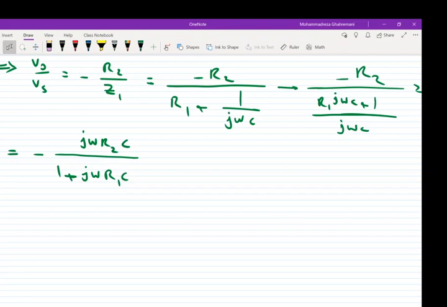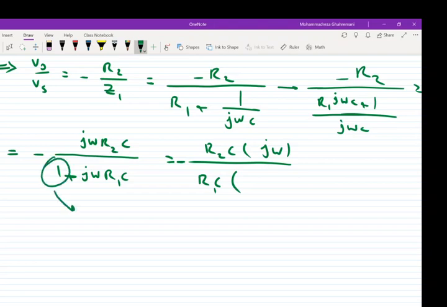Let's write it in this way: negative R2C times j omega. For the denominator, we want to factor out R1C. You might ask how we are going to factor out R1C from 1.